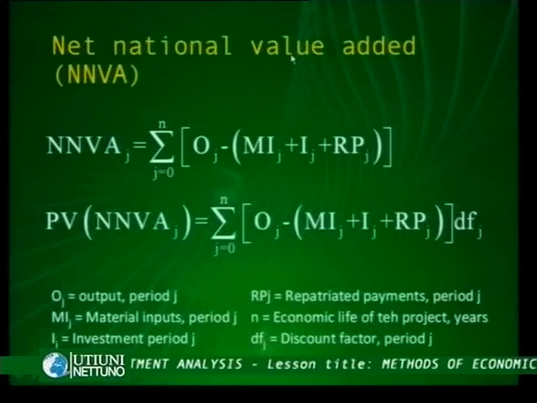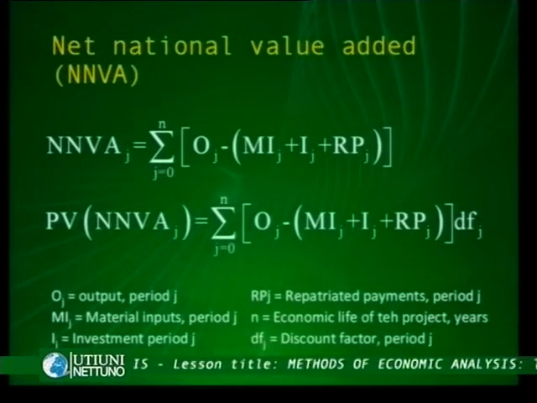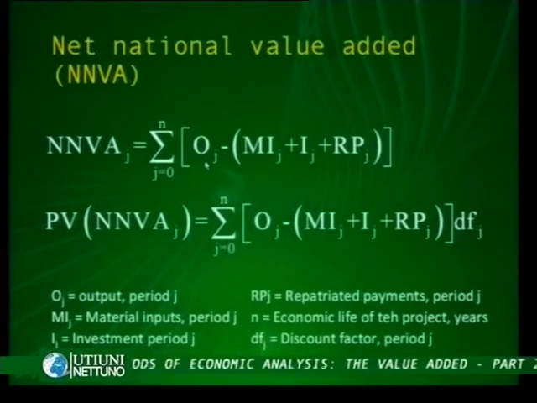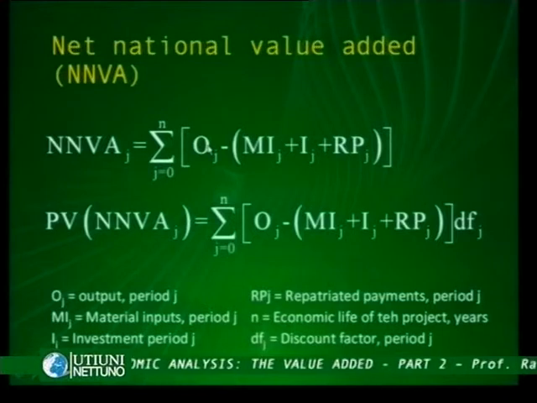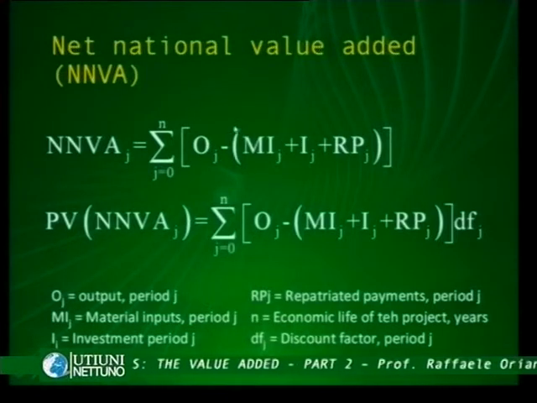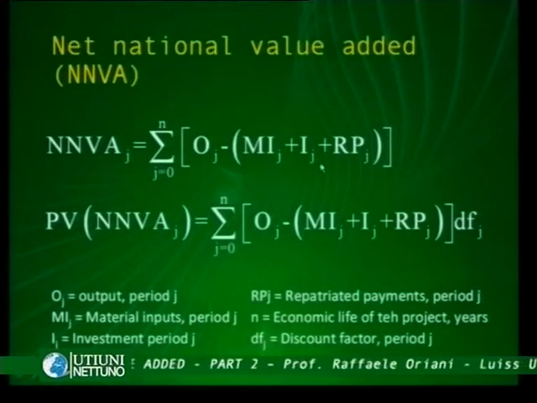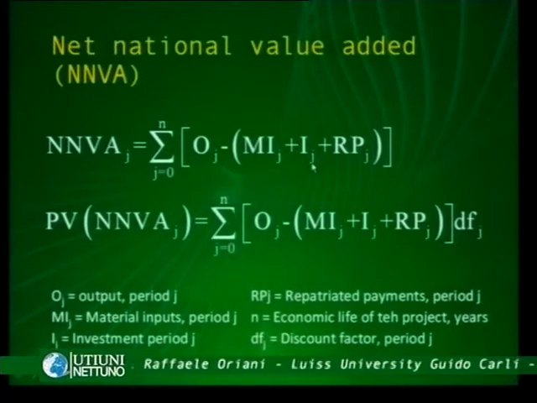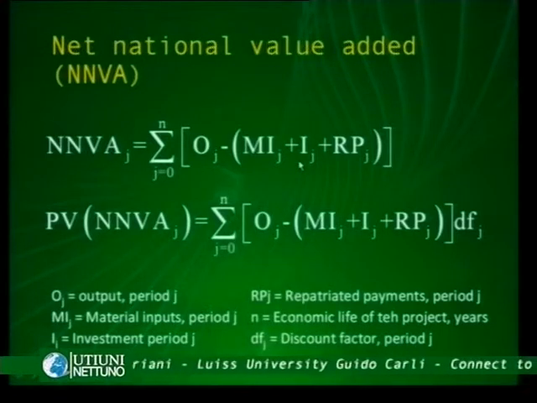And you can see that the net national value added, consistently with the definition that we provided in the previous class, is calculated as the difference between the output at time J, here indicated as OJ, and the sum of three variables that are material inputs, as in the previous case, investment, as in the previous case. Here we are adopting a dynamic view, so we are focusing on investment and not on depreciation, also because for discounting this is the most appropriate way to proceed.